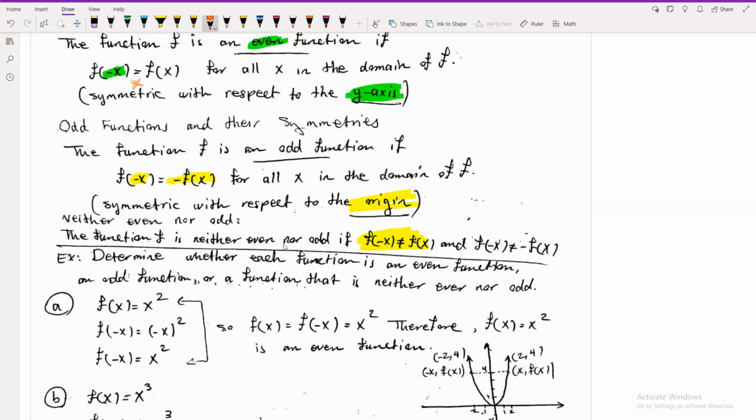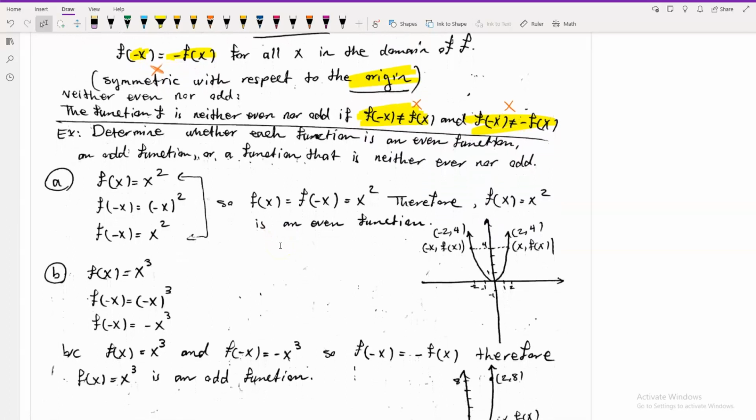So we do not have the first and second part for even and odd. So that's why here we said the function f is neither even nor odd. So we have these two for this part.